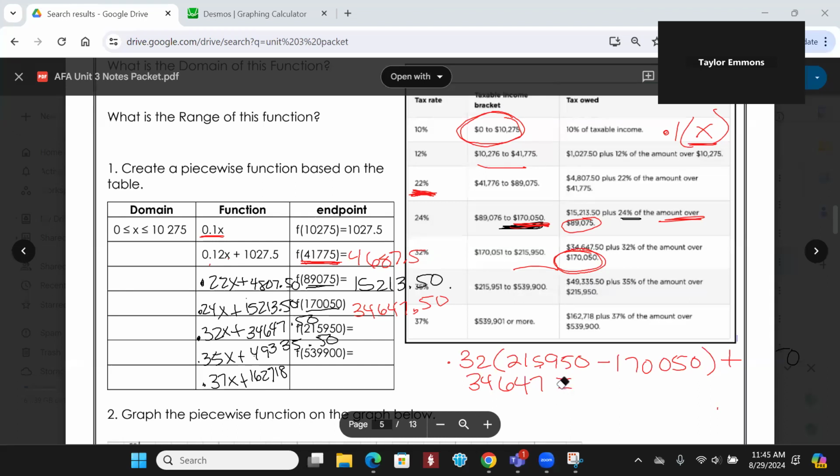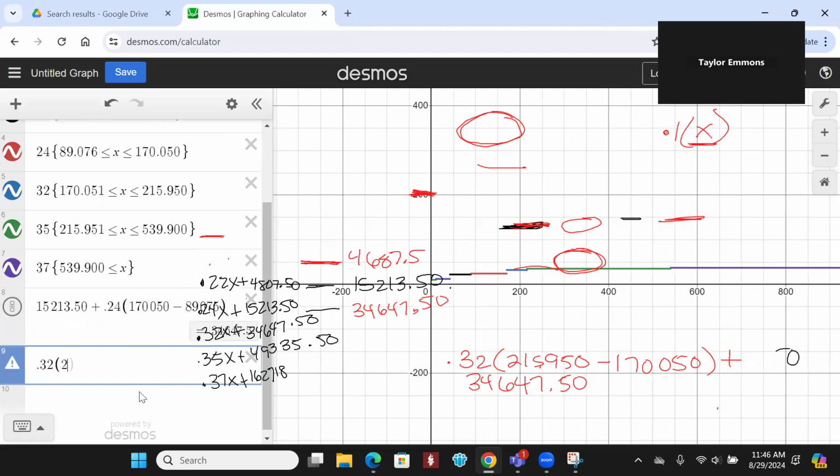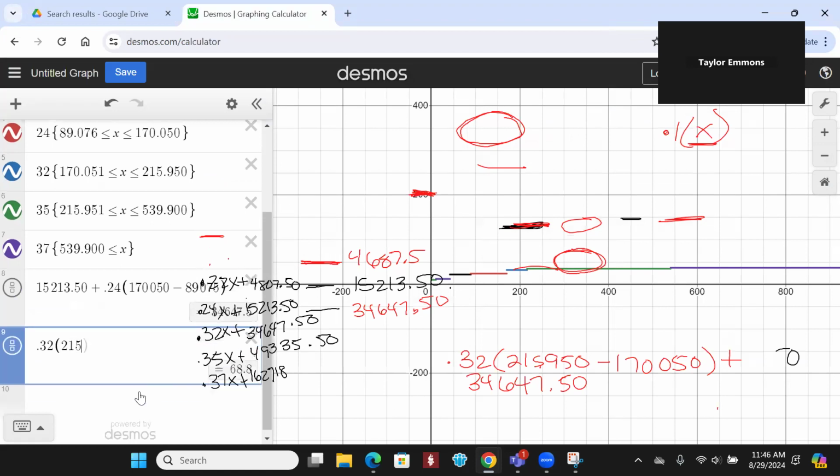64,750. Sorry, I left that off. Beep, beep, beep. And boom. So I'm going to go into Desmos and type it in. 0.32 times 215,950 minus 170,050 plus 34,647.5.